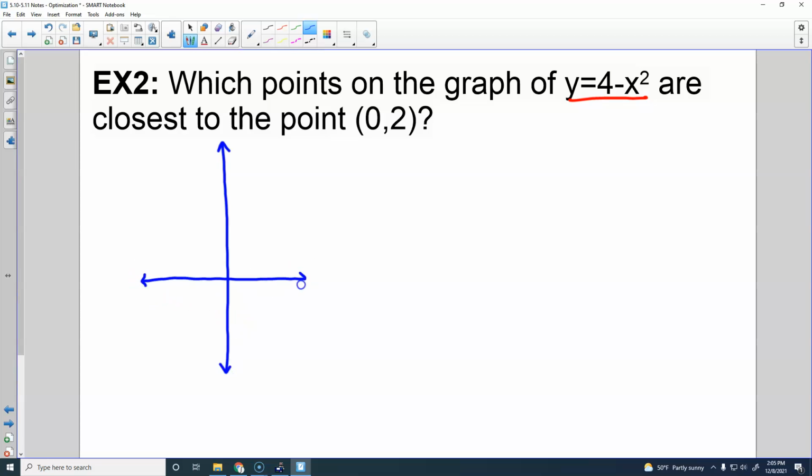This would be calculator inactive. I've seen it as a multiple choice.